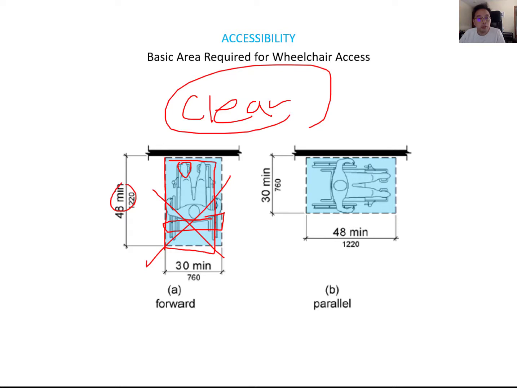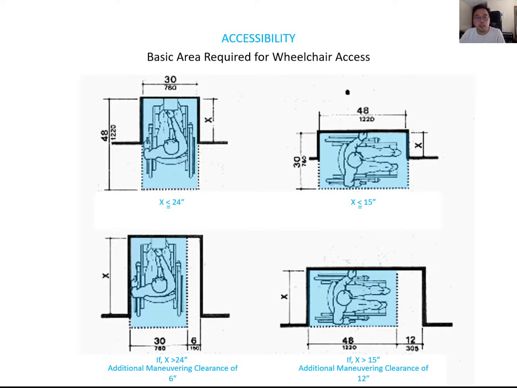When you do the parallel, you have to provide the 30 inch by 48 inch on the parallel side. When you're designing something else and putting an object, you always have to avoid this clear dimension. But when you want to design this caved space, or parallel caved space.